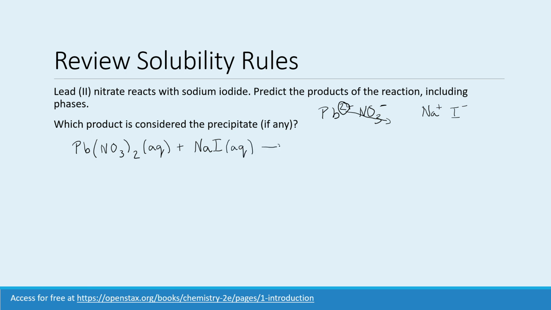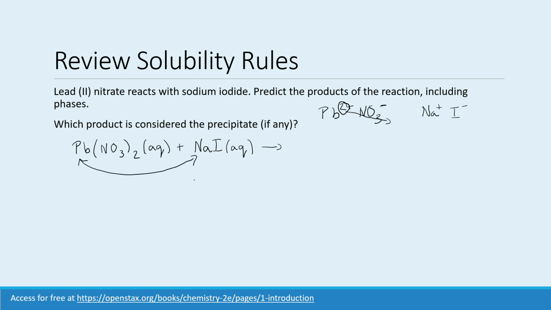Now, when we're forming our products, remember that you have to swap the cations, basically. Sometimes you may see a rainbow where you're bonding the outer and the inner. That's one way, but another way to think of it is to just swap those cations out.